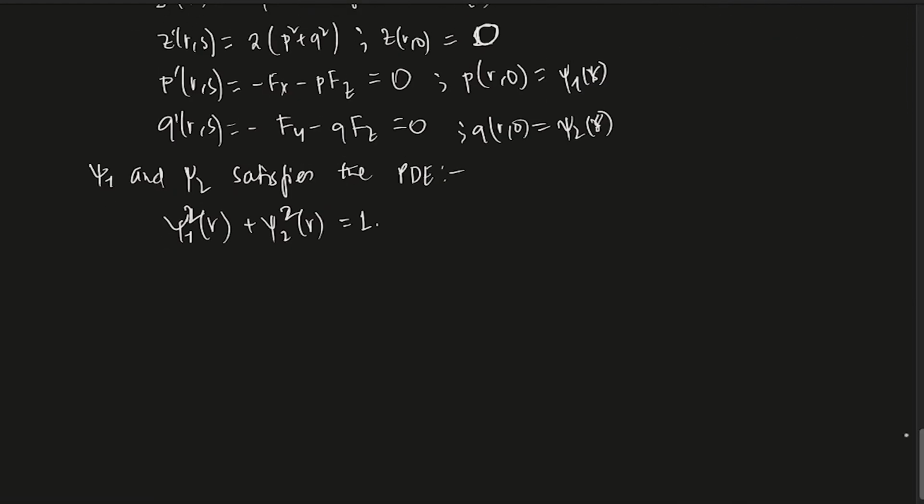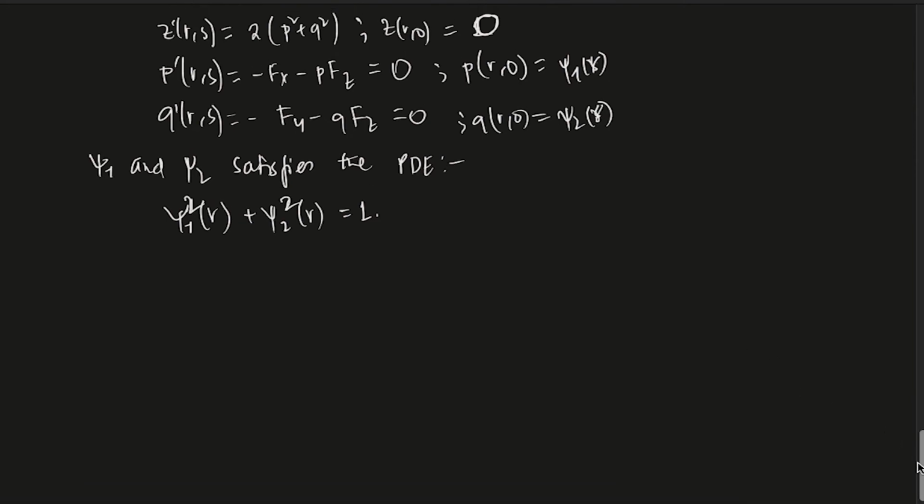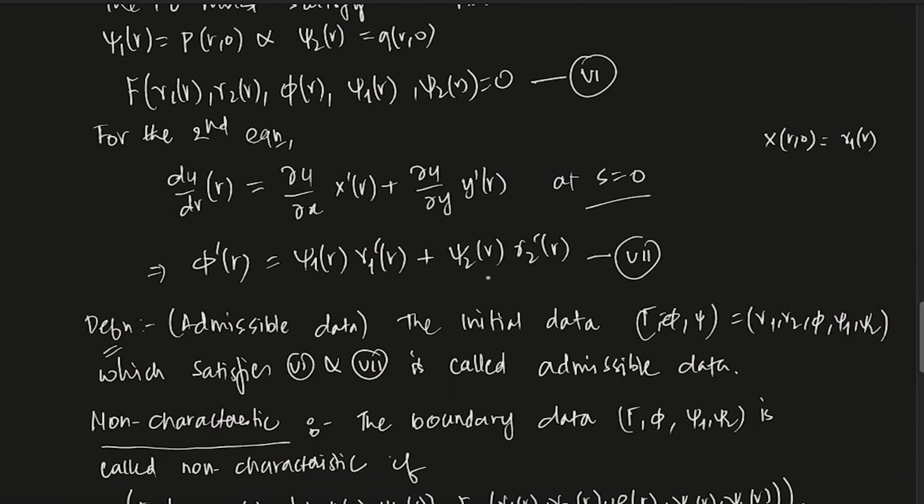From this relation you get some conditions, but we need another condition, and for that I have the seventh condition. You remember, psi 1 gamma 1 of r plus psi 2 gamma 2 of r. Our gamma 1 is cosine and gamma 2 is sine, right?